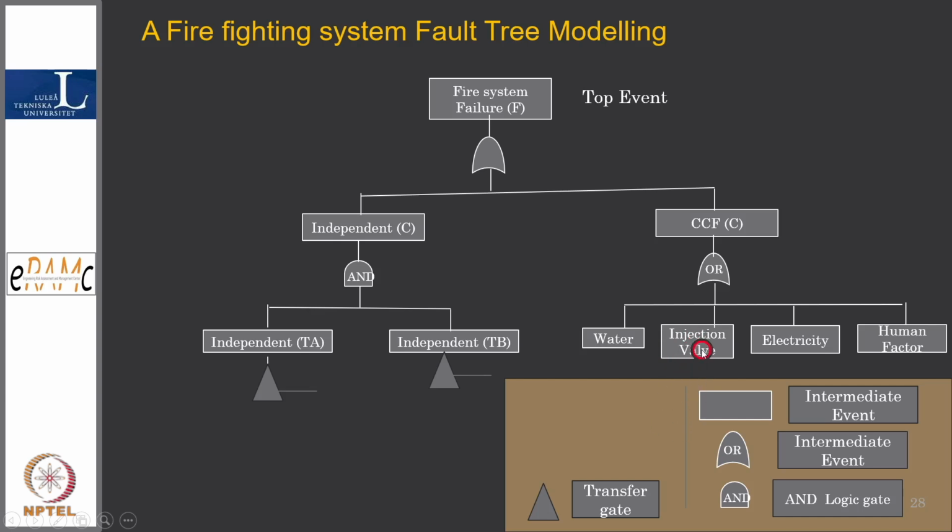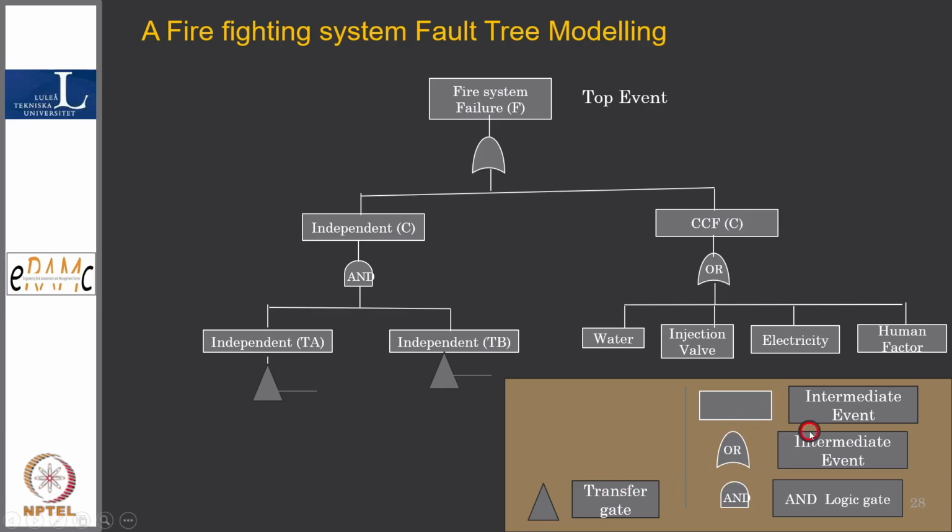If I want to remove this probability, then I will put two valves in parallel, injection valve. So if one valve opens, our job will be done. But it depends on the design, and finally we have to do optimization, keeping in view the whole perspective. Here the gates are OR gates.